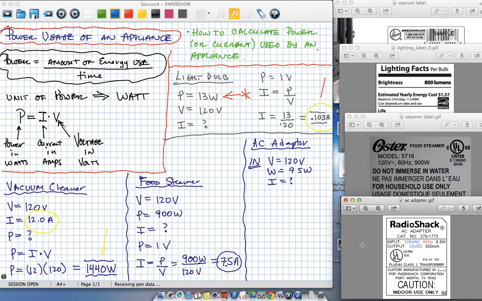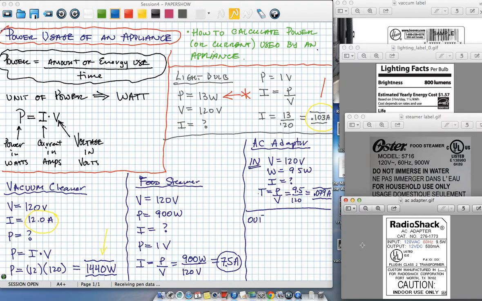So current is equal to P divided by V, so that would be 9.5 divided by 120. So 9.5 divided by 120 is equal to 0.079 amps. Okay, so that's what goes into that adapter.